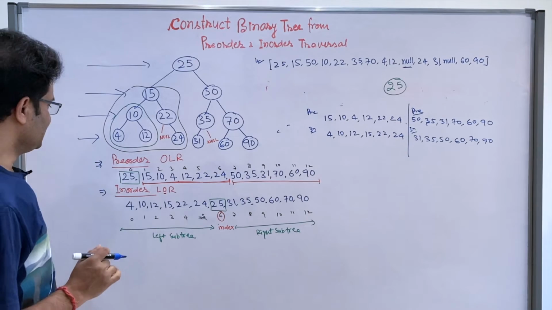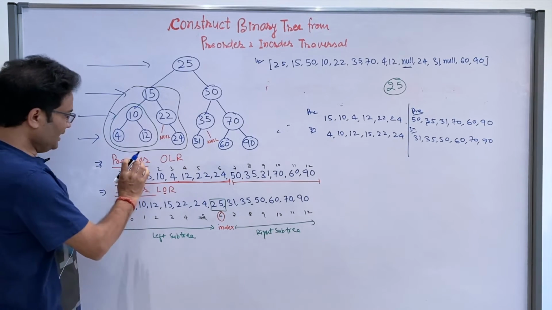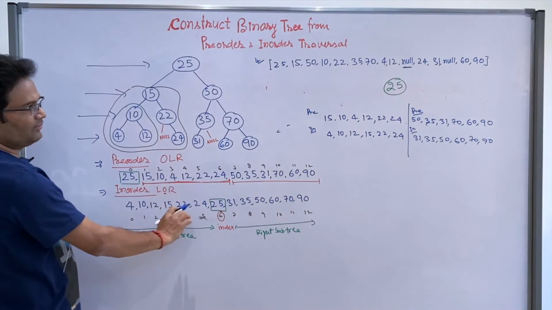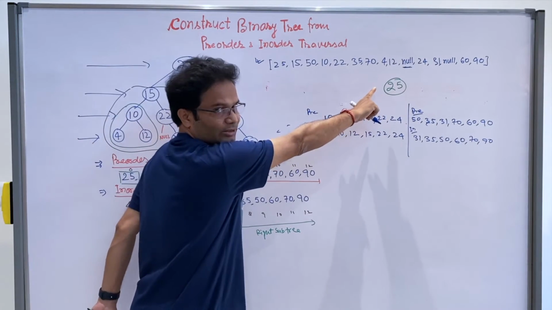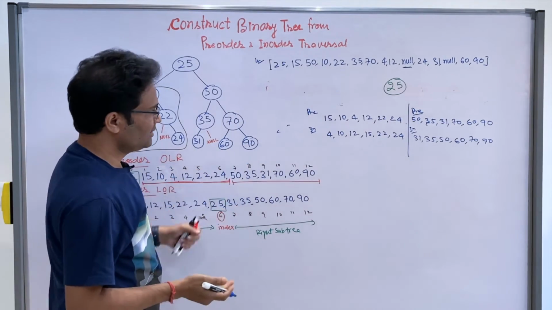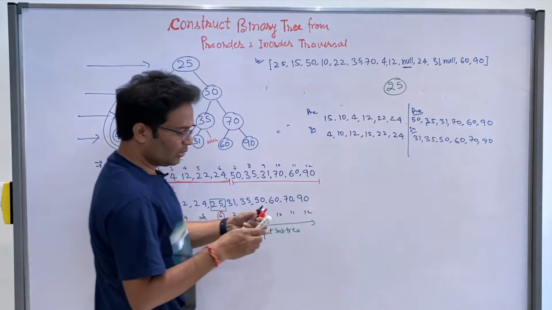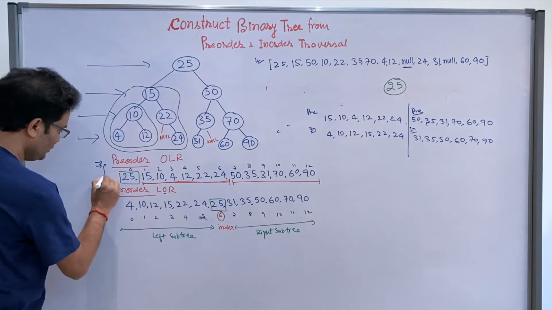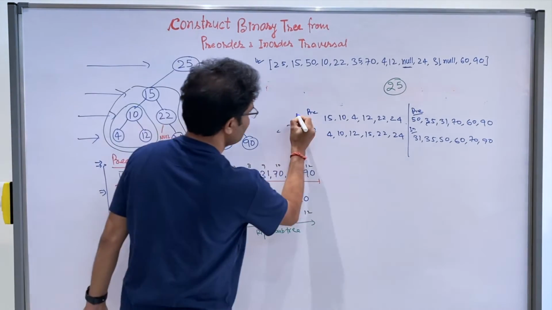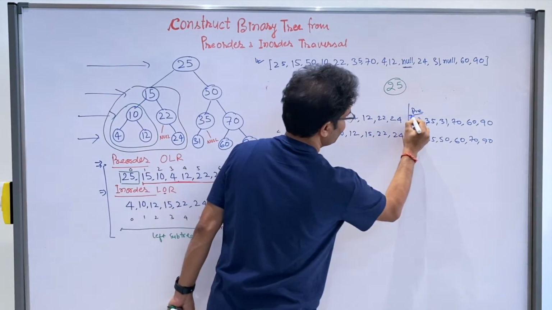A very interesting thing is that we had these two big arrays, and we found out the root element. Now we divided this array into left and right. Now we do the same thing. Whatever we have done here to find the root element, we will do the same thing here and here.